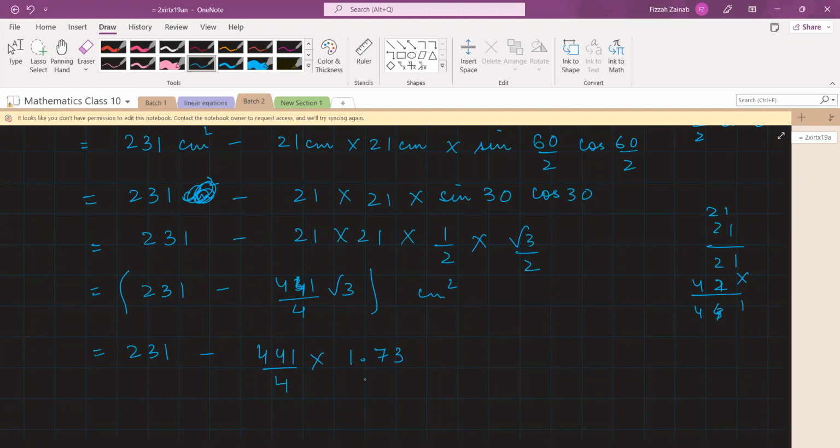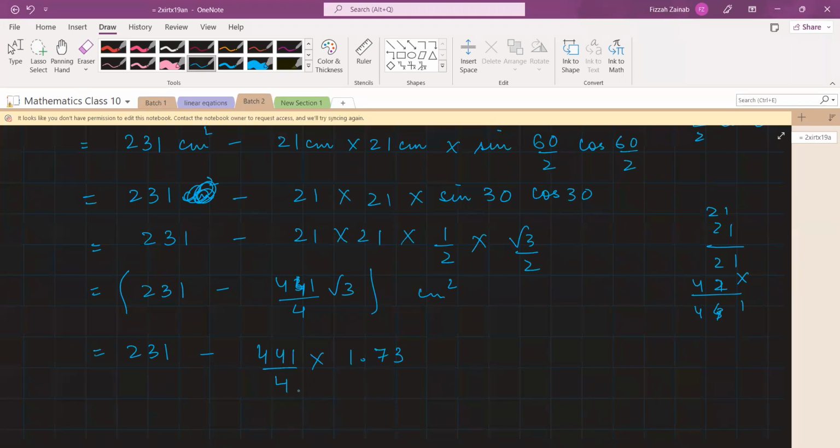So remember, 1.73 is the value of root 3. Yes. Okay, thank you. This we also did in chapter number 1, right? I'm not sure because in my school we didn't do this. Yeah, the other students of my class actually did this root 3.